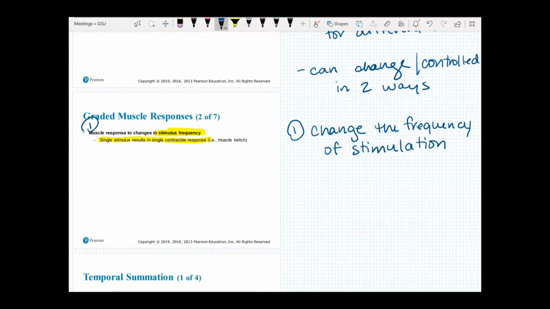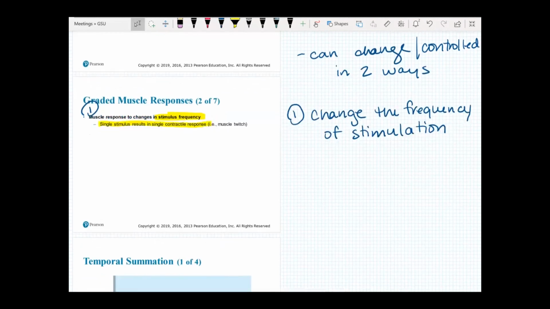For example, I'm going to do a lot of up and down arrows for increase and decrease. It's just a whole lot easier for notes. You're going to increase the force by increasing the firing rate. Firing rate is going to be of your motor neurons.